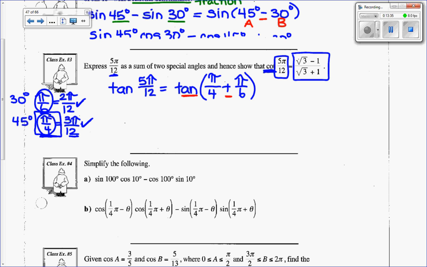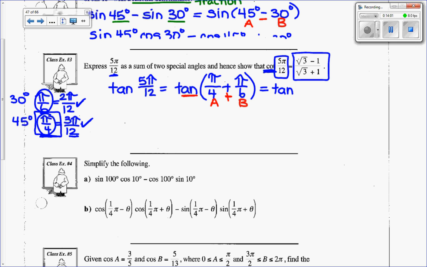If you look on your formula sheet for tan of A plus B, like this will be my A, this will be my B, right? And what is the formula or the identity for tan of A plus B? It's tan A plus tan B over 1 minus tan A times tan B, right.